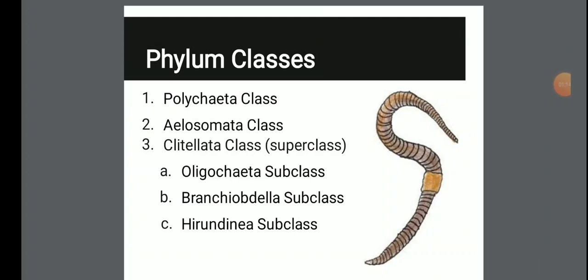In the third, Clitellata class, is included the Oligochaeta class, second Branchiobdella class or subclass, and third one Hirundinea subclass.